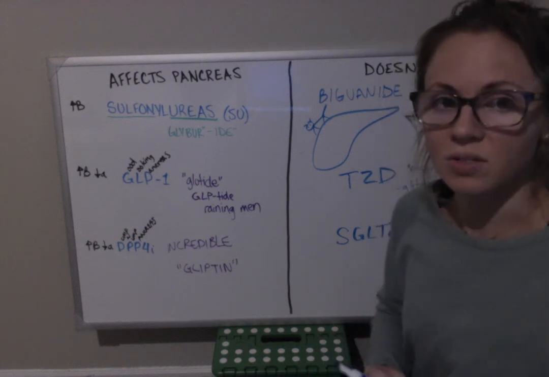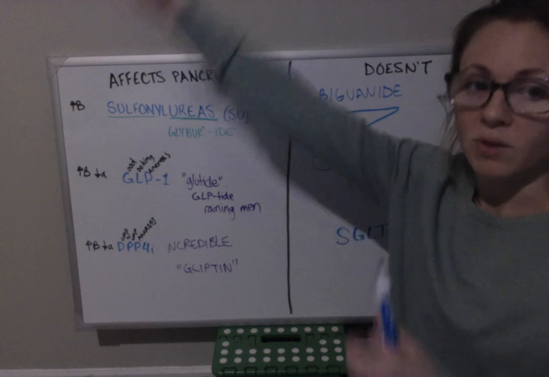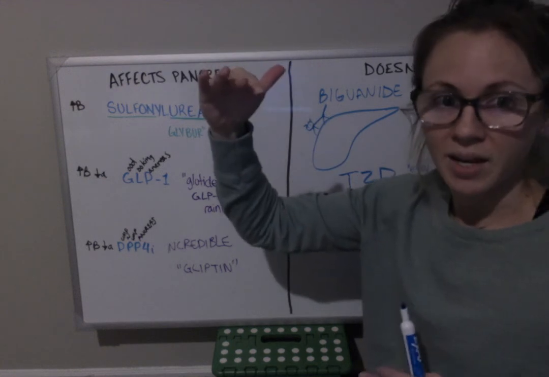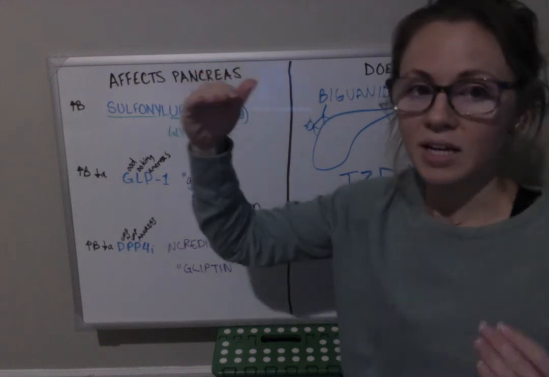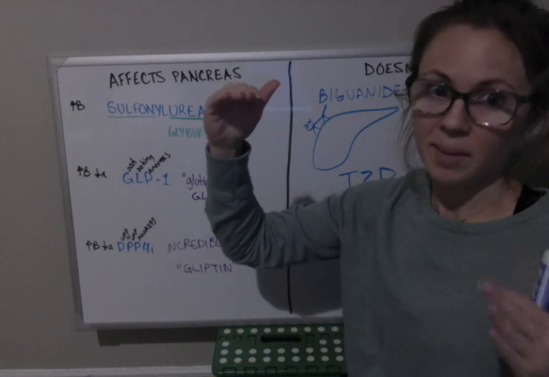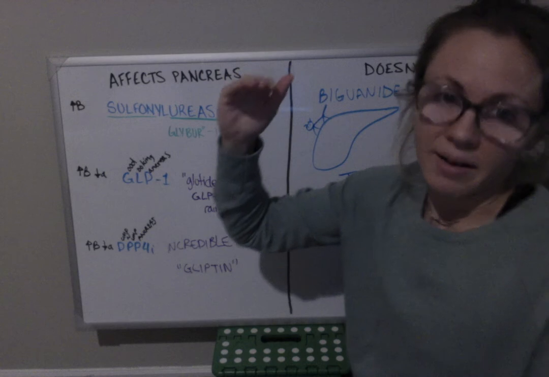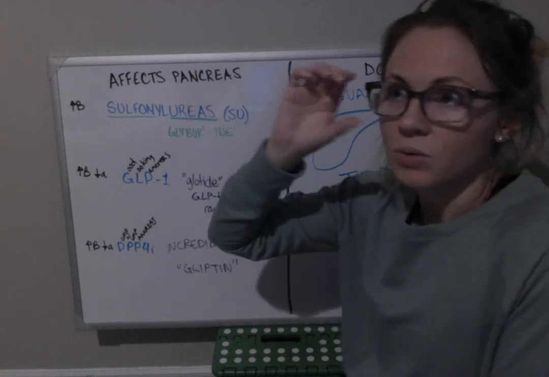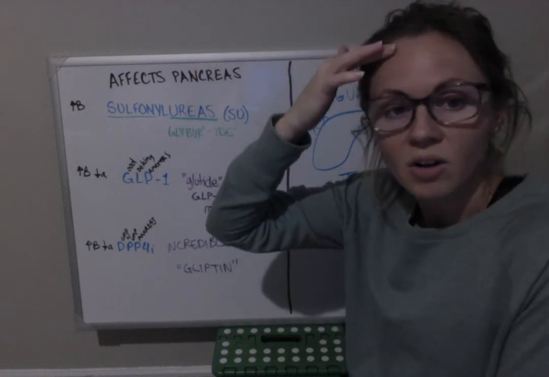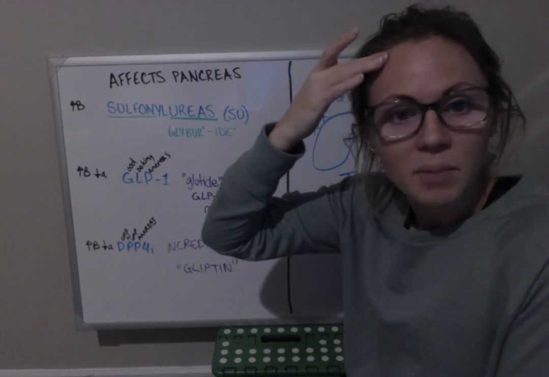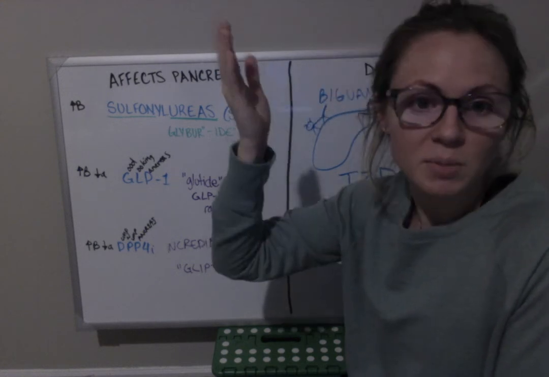So that's on TZD, though, the other drawback is the weight gain. So it's another one of those that can cause weight gain. If you want to rank it, insulin's going to cause the most weight gain, and not that much. It actually, on average, only causes about a 10-pound weight gain in 3 years for insulin, on average. So if a patient's like, oh, I don't want to use insulin, that'll cause me to gain weight, and then you tell them 10 pounds in 3 years, that might not be as much of an issue.